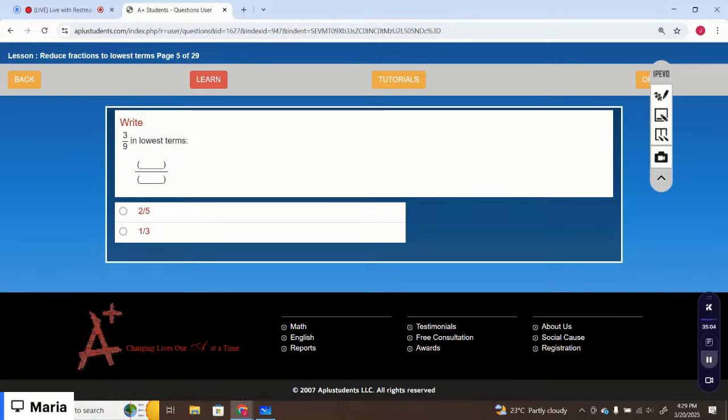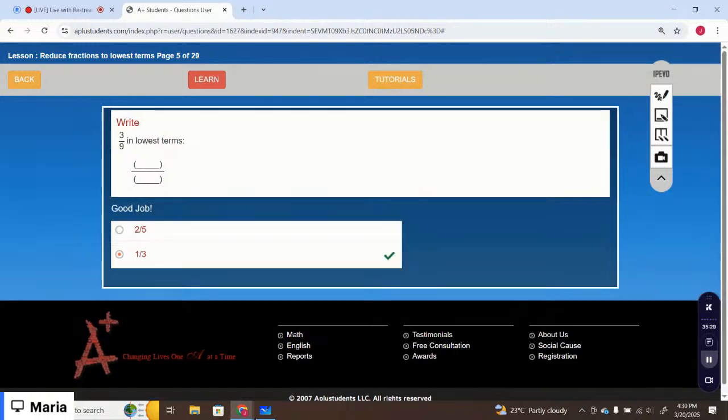3 by 9 in lowest term. So which is the correct option? That is exactly equal to 1 over 3.